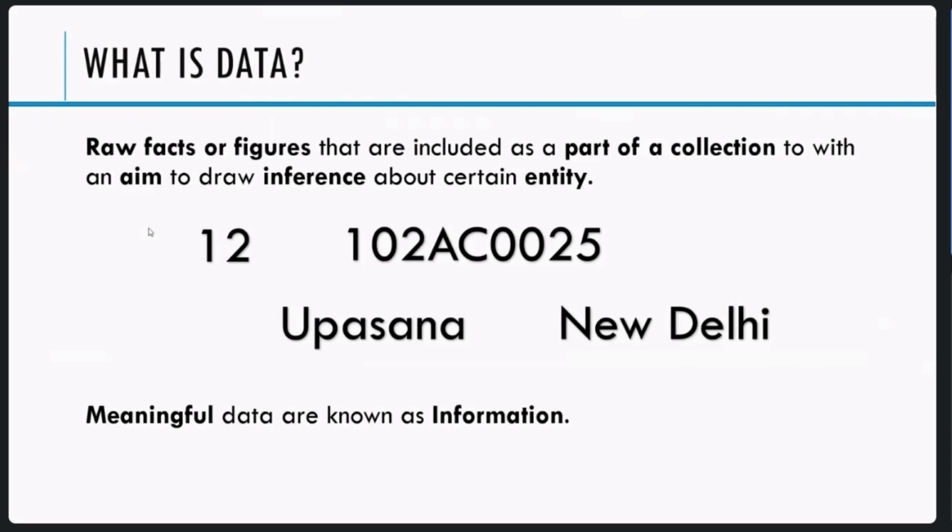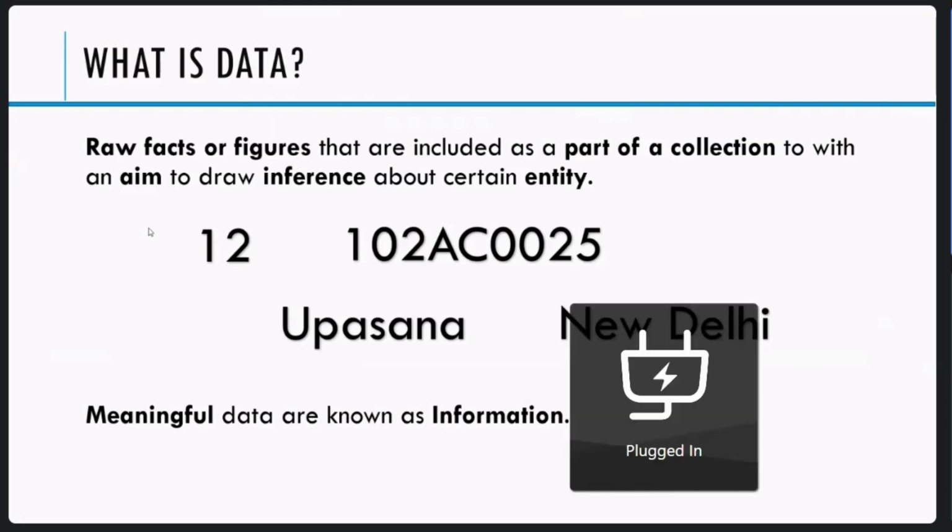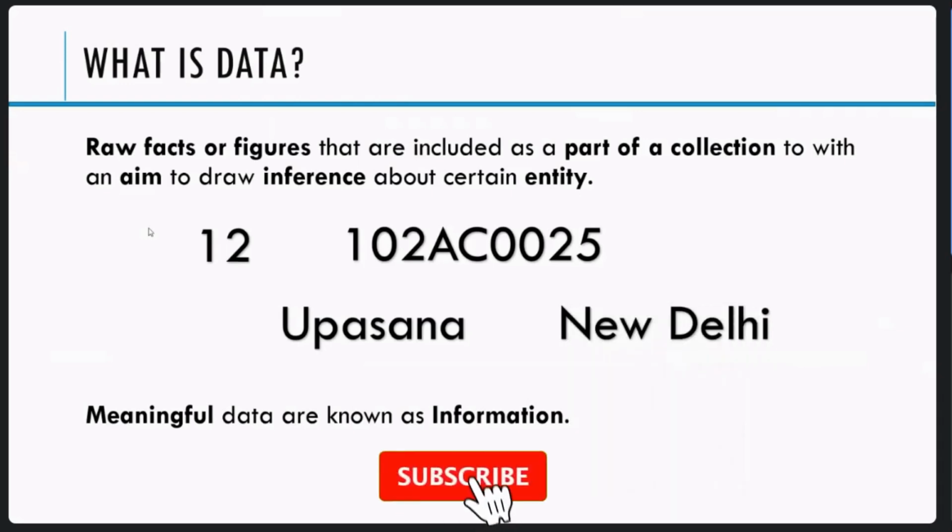Always remember, you remove the aim from all these raw facts and figures, they will not be considered as data. Whenever these raw facts or figures are included in a part of a collection with an aim to draw inference about certain entity, then only they will become data.